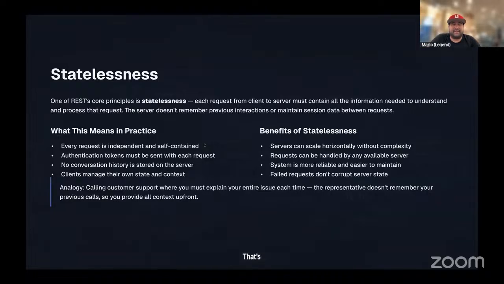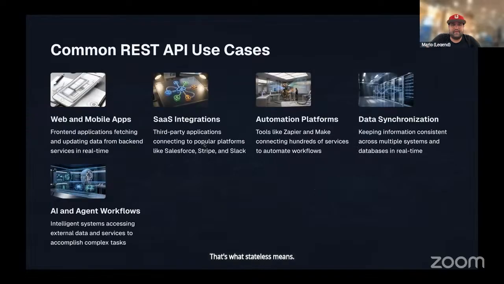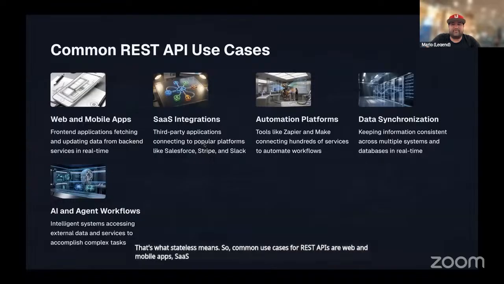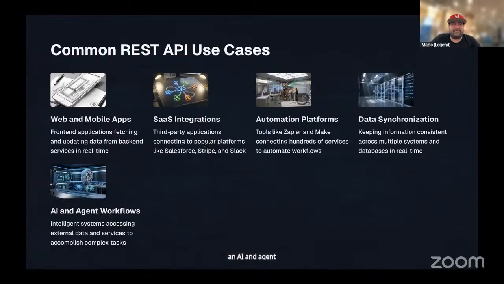That's what stateless means. So common use cases for REST APIs are web and mobile apps, SaaS integrations, automation platforms, data synchronization, and AI and agent workflows. So essentially everything on the internet is included in this bundle of 5 objects that I've displayed to you. So effectively everything on the internet uses REST APIs.